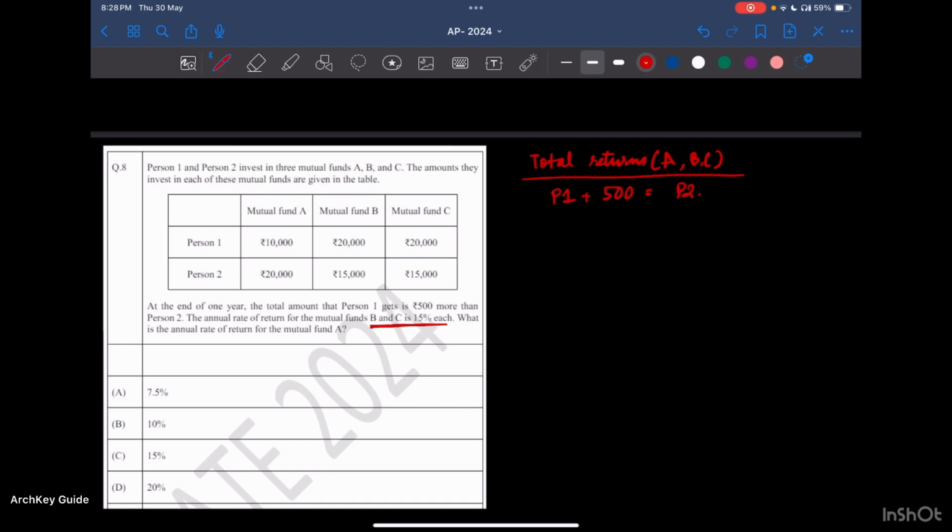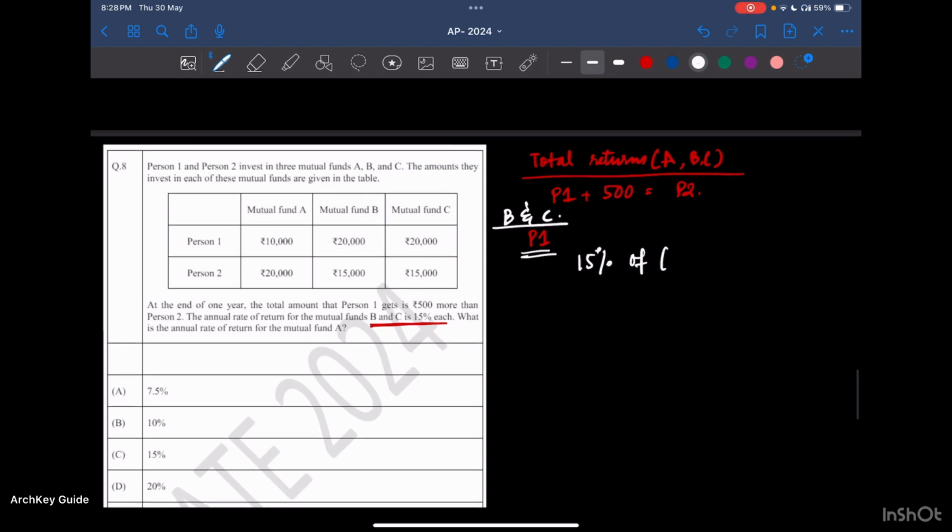Okay, fine. So let's go step by step. So if I consider Person 1, and this is for mutual fund B and C. What would be my return in this case? 15% of B and C, that is 40,000 because 20,000 plus 20,000.